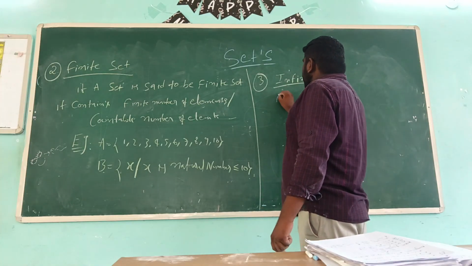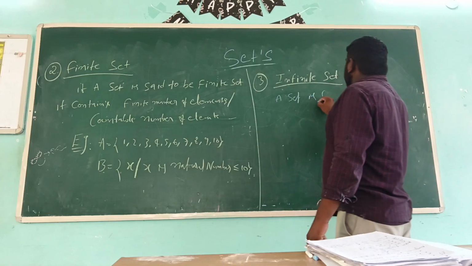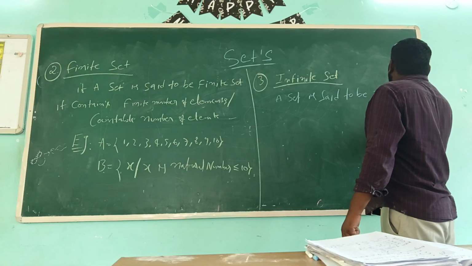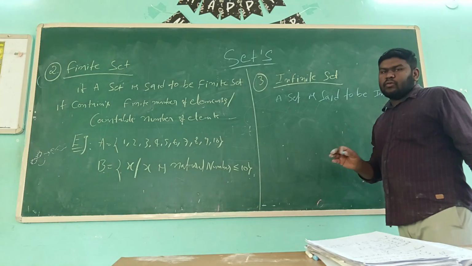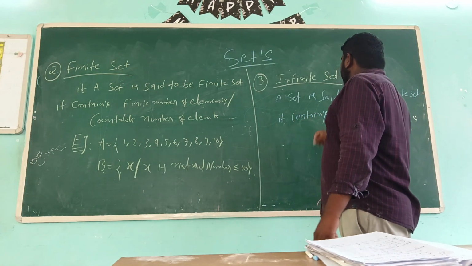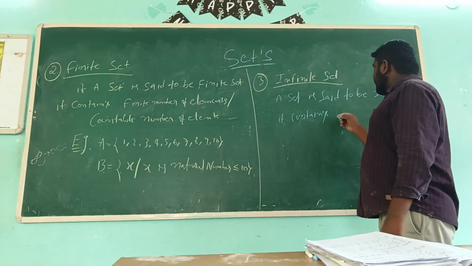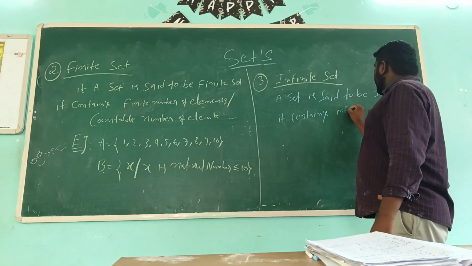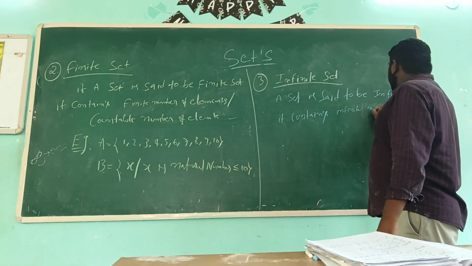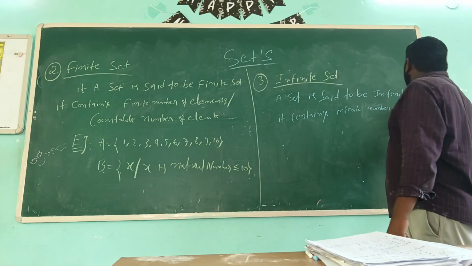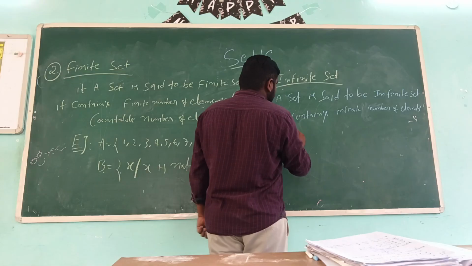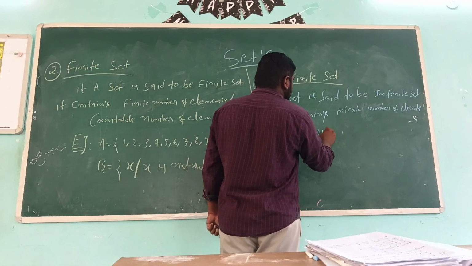What is an infinite set? A set is said to be infinite means it contains an infinite number of elements, uncountable elements.